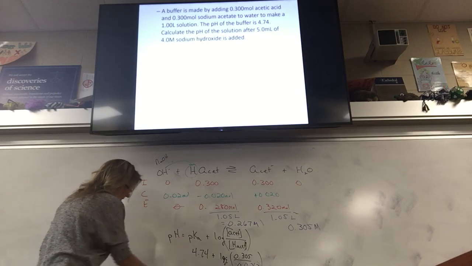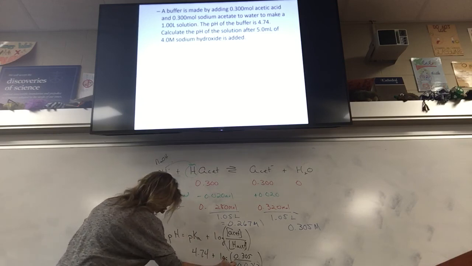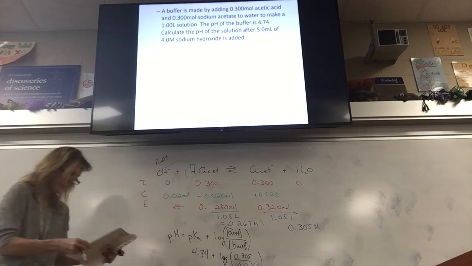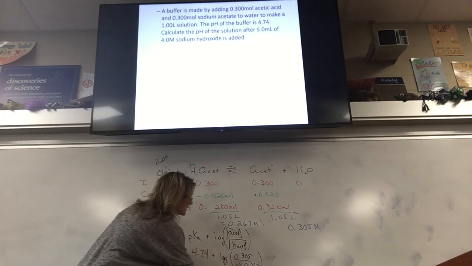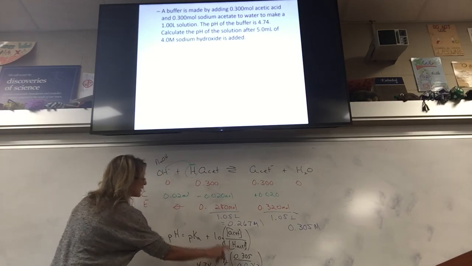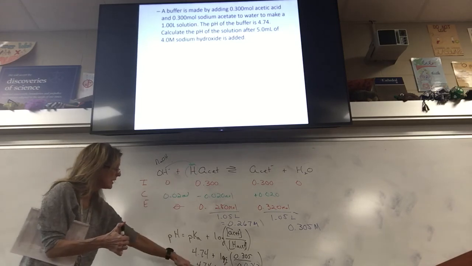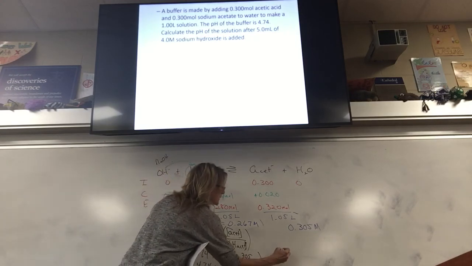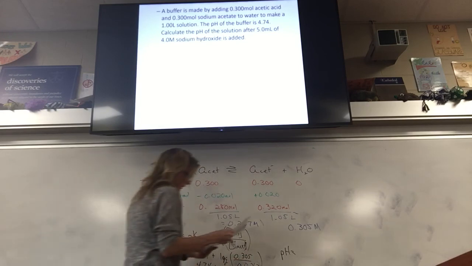So that is equal to 0.057, and then we add that to 4.74. So you can see, even though we added 5 milliliters of a strong base to this weak acid, our new pH, when we add these two values together, becomes 4.80.